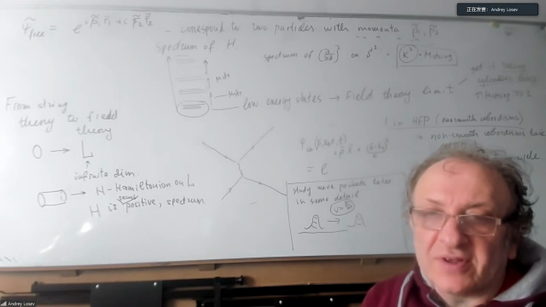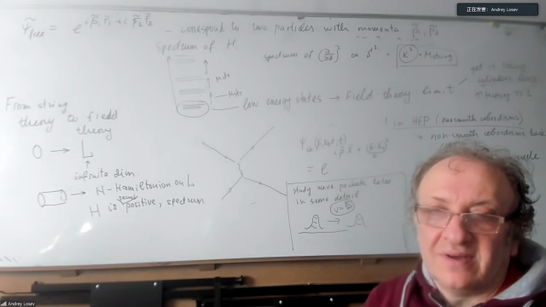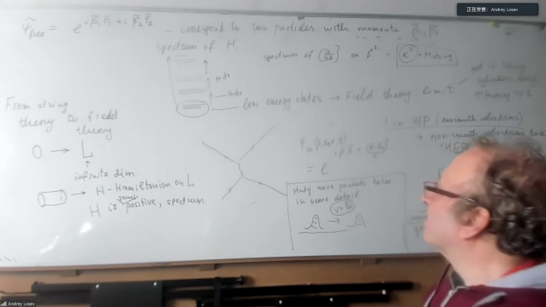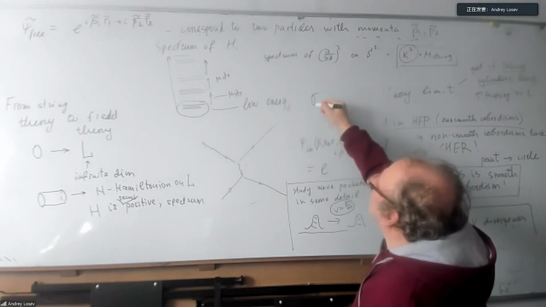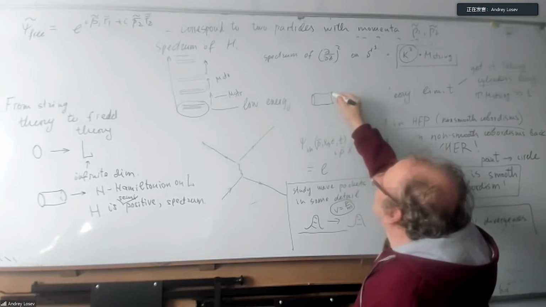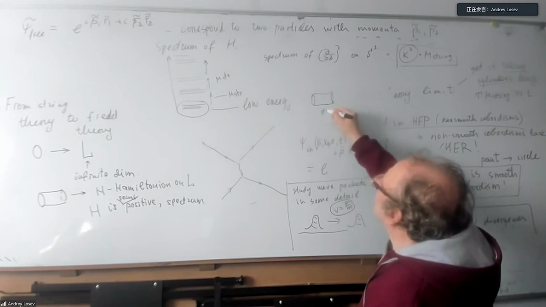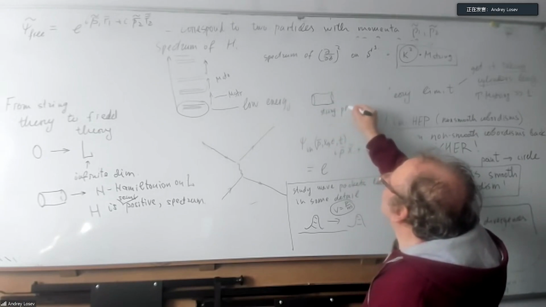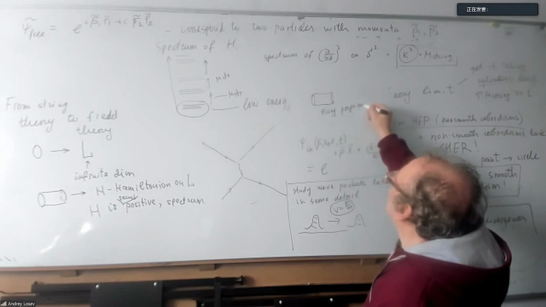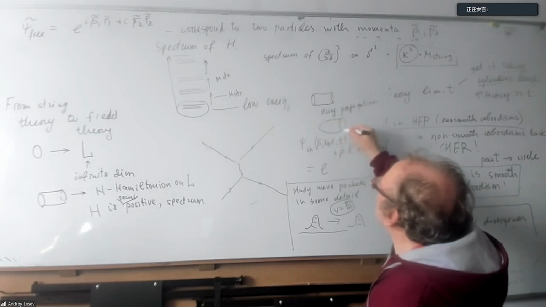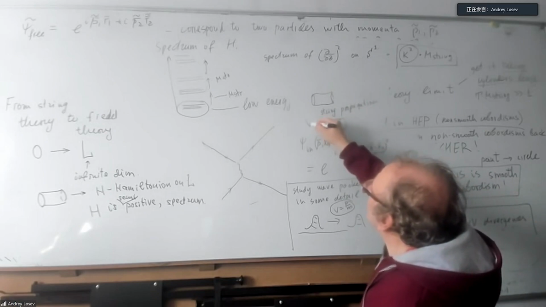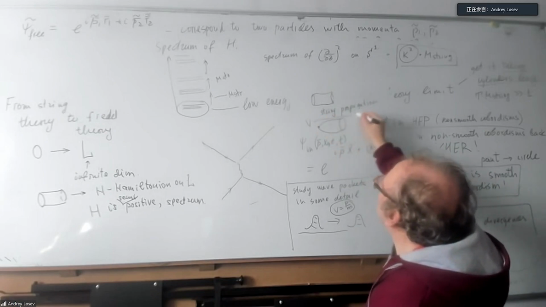And the same happens with strings. Exactly the same thing. So either you are writing this, so here we have string propagation, or you are writing this, and here you put a vertex operator.